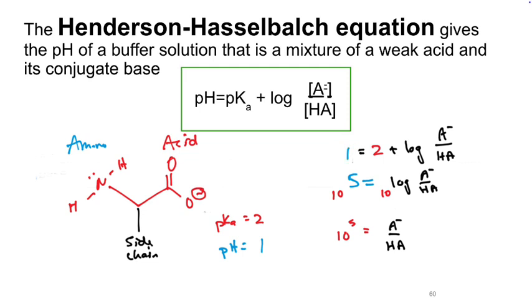That becomes 1 minus 2, which would be negative 1. What does that mean? I now have more HA than I have A minus, which means what happens to my structure? I need to have the hydrogen back on the structure.